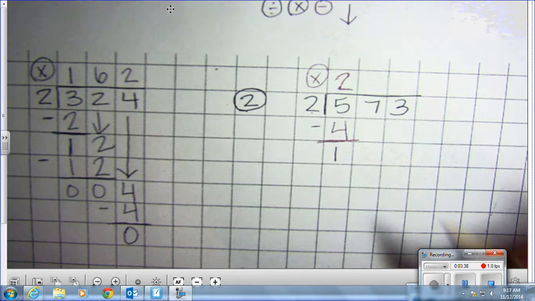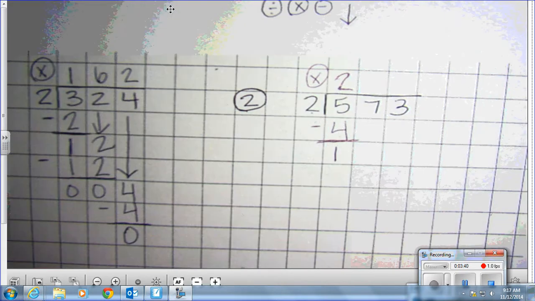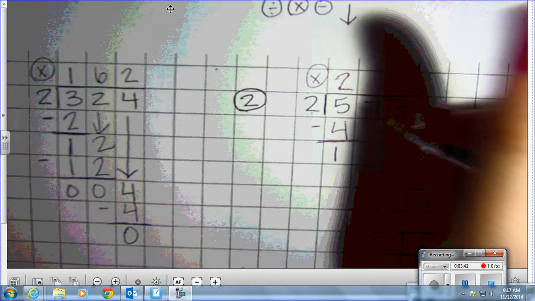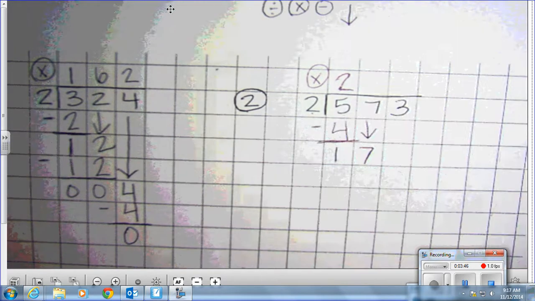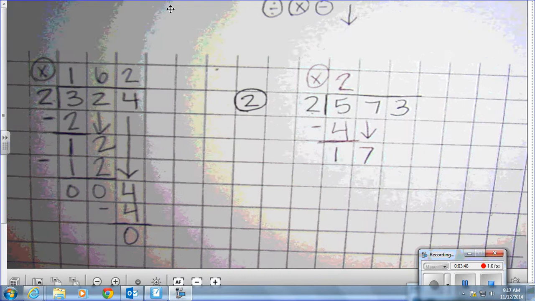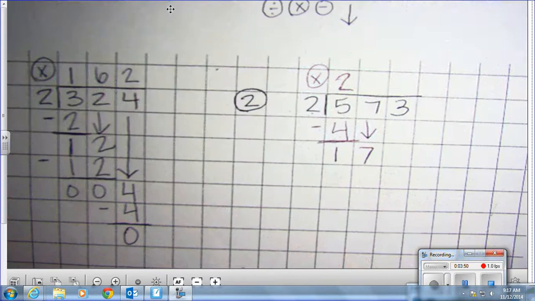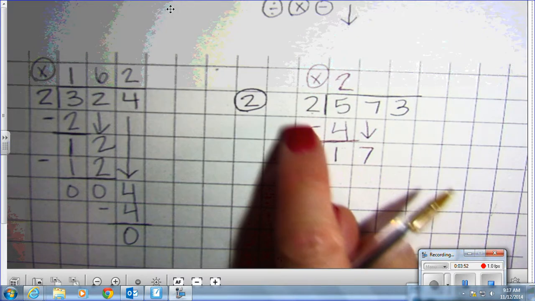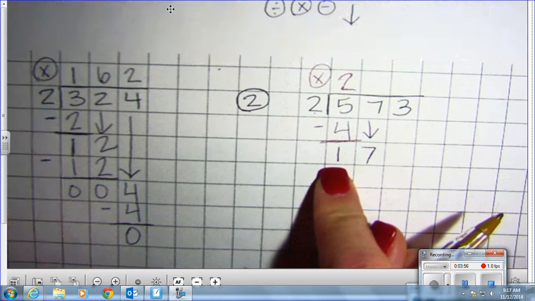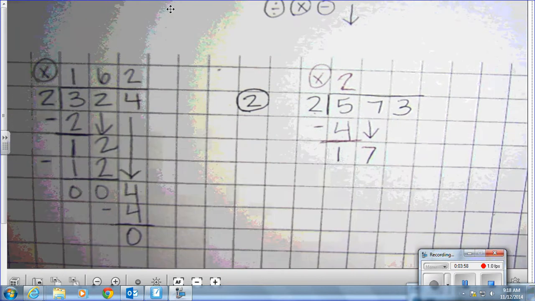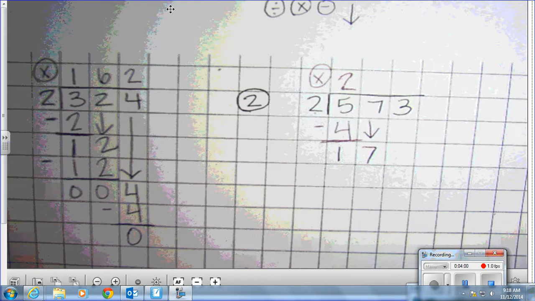I divided, multiplied, subtracted. Now I bring down. What's my new number? 17. Okay. 2 can go into 17 how many times? How close can it get? Well, 2 times 6 is 12.